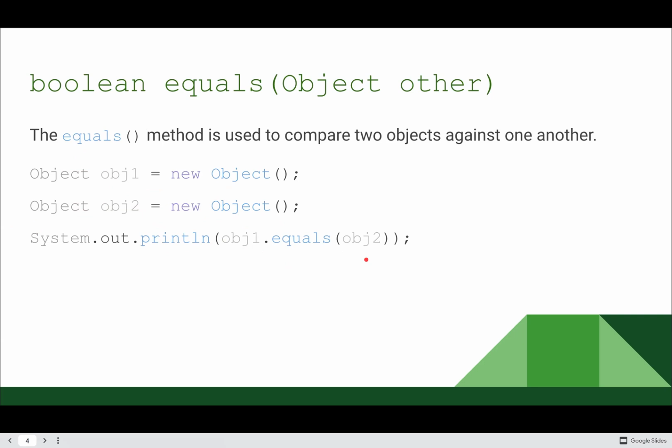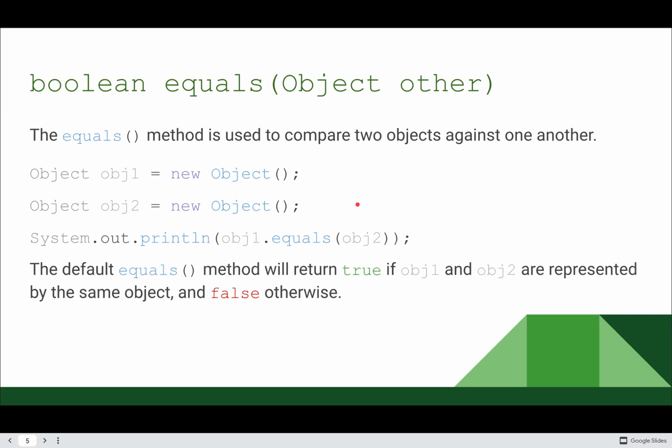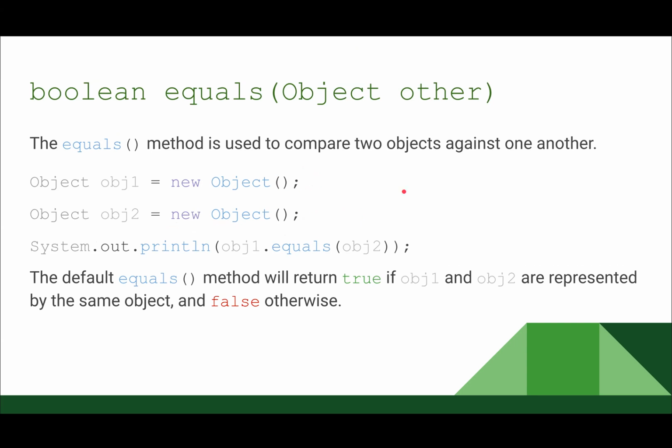In this example, we're actually not going to get true. We're going to get false because they are each represented by a distinct object. Those are not going to be the same object. So this method will return true if obj1 and obj2 are represented by the exact same object, and it will return false otherwise. So here, since they are both a new object, they are both going to give us false.